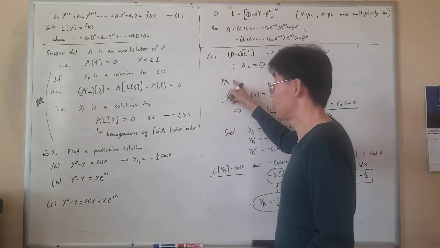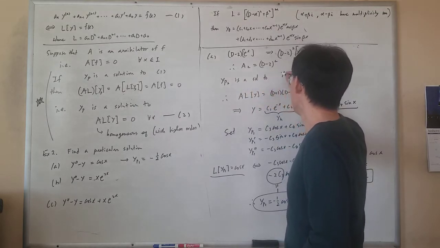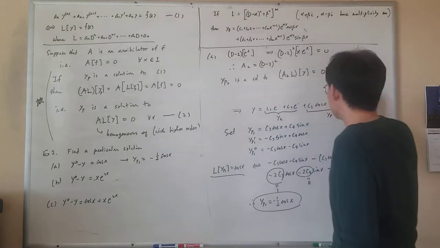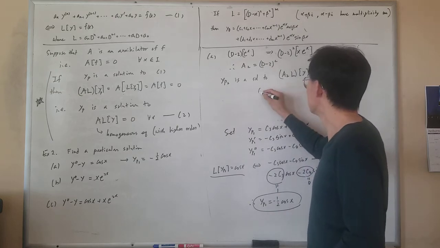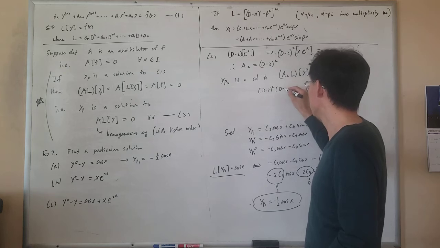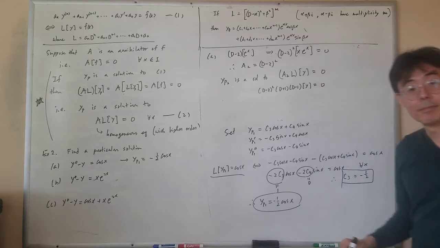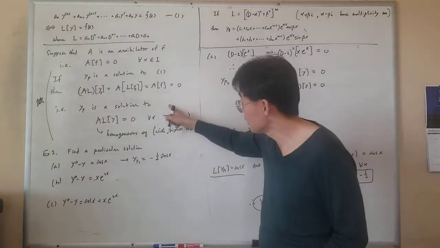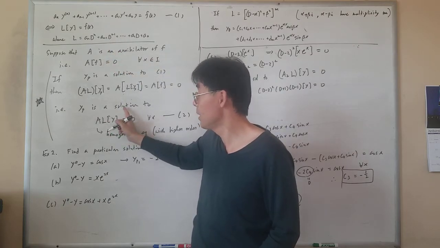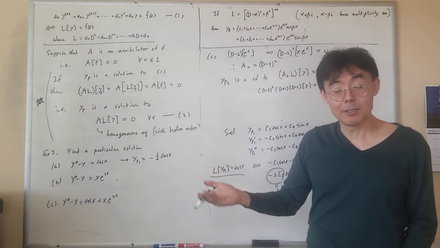And then our y particular solution is a solution to A L of y equals 0, which is d minus 2 squared, and L was, as we found previously, d plus 1, d minus 1 of y. Okay? Again, a particular solution of L of y equals f is a solution of A L of y equals 0, A being an annihilator of f.